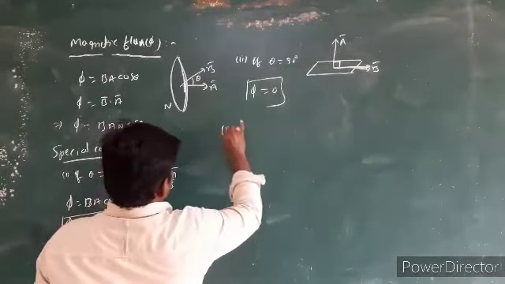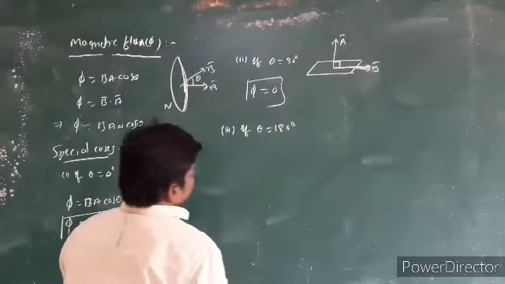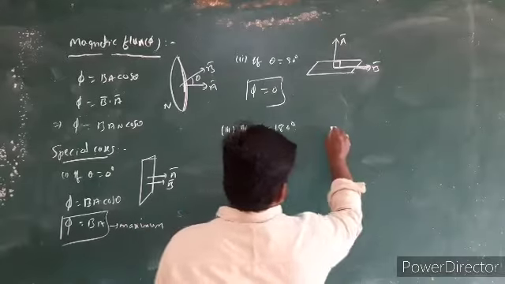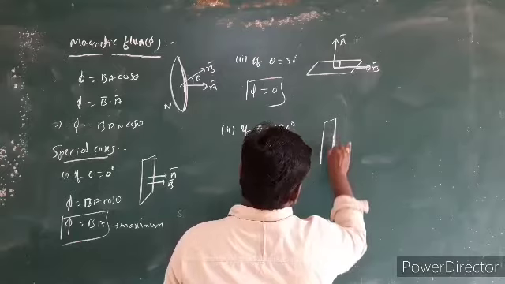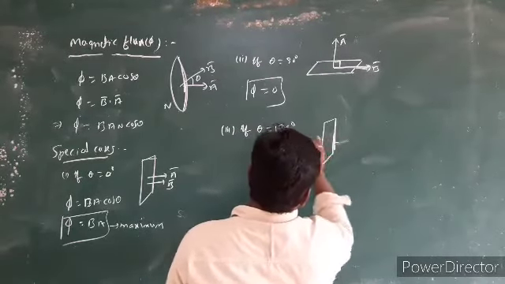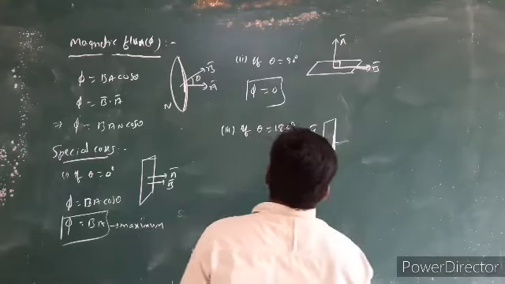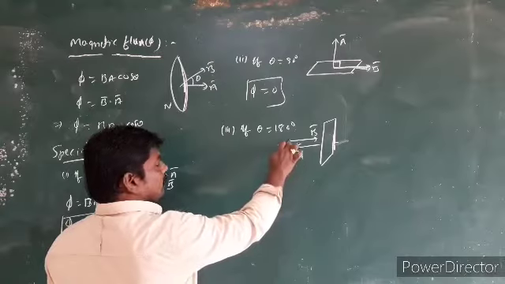Now third one is, if theta is equal to 180 degrees, see here, theta 180 means, this is the area vector, this is the magnetic field. Here also, the area vector and magnetic field are anti-parallel.